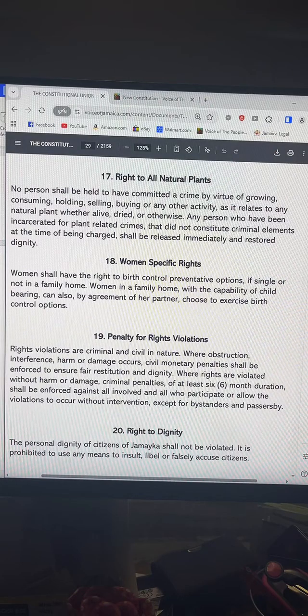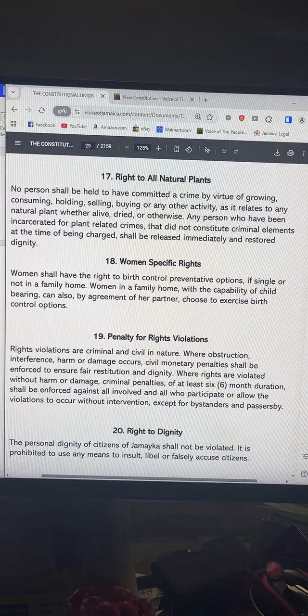Any person who has been incarcerated for plant-related crimes that did not constitute criminal elements at the time of being charged shall be released immediately and restored dignity. Right? And we all know what this is in relation to, right? If someone decides to use a plant for whatever the case may be, it is absolutely absurd to criminalize nature. It doesn't make any sense.